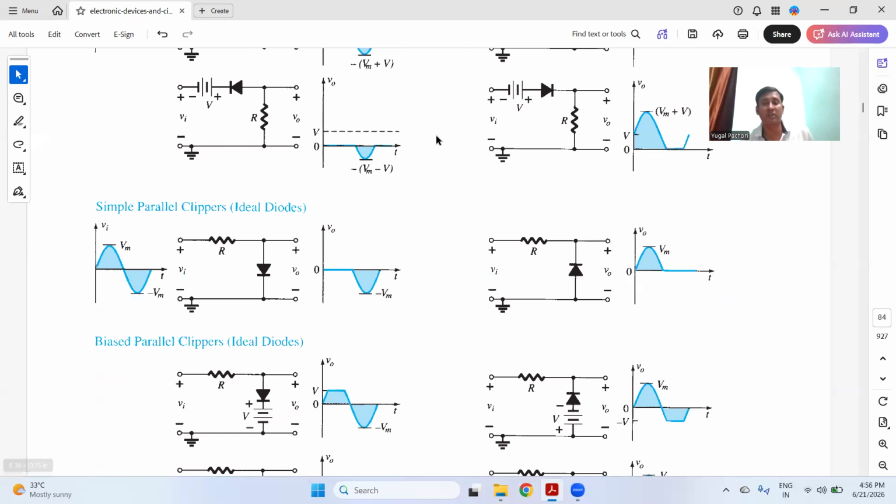So there are different types of clipper that you can do questions or numericals from in this particular book. That is Boylestad, which is a very standard book for students of electronics, applied electronics, basic electronics, or the application of electronics.